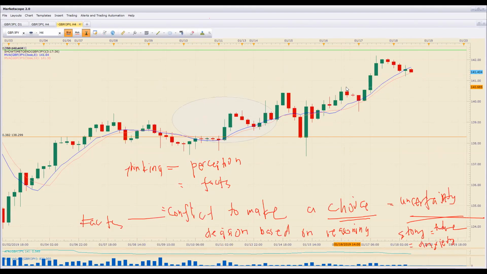And when you have anxiety, then you have stress. And when you have stress, you get worried. When you're worried, then you don't think straight. That's the thing about trading, it goes up and down like a yo-yo, right?